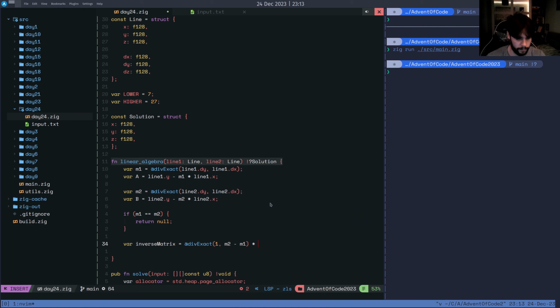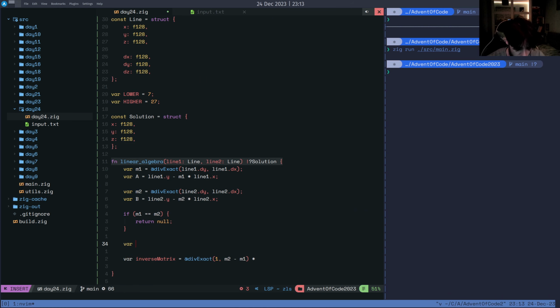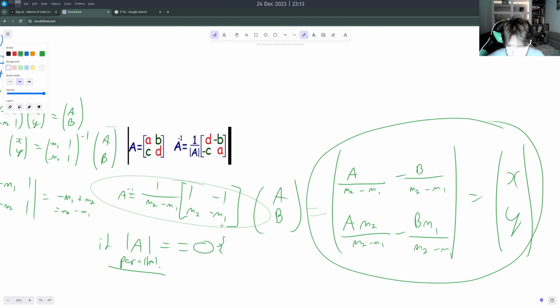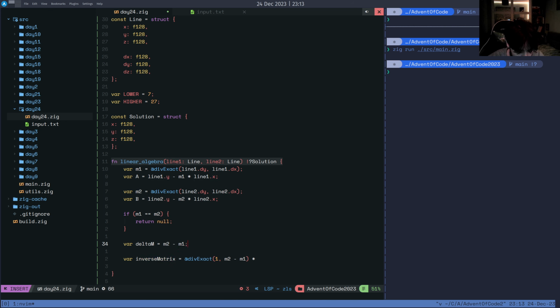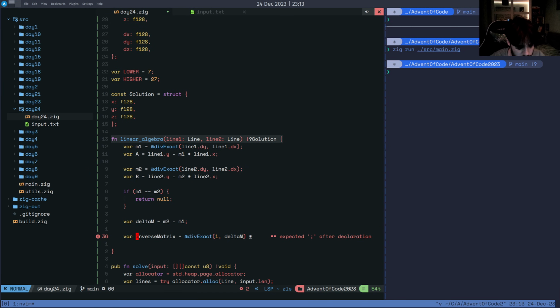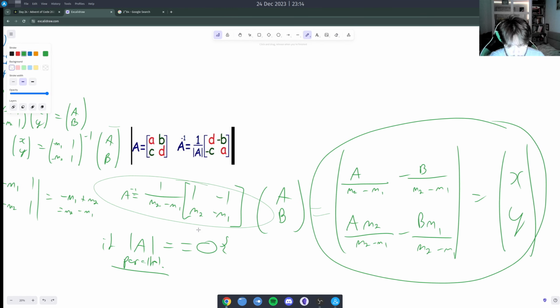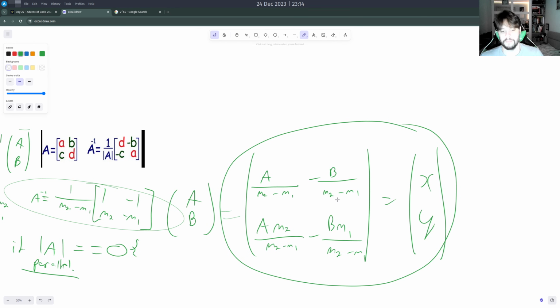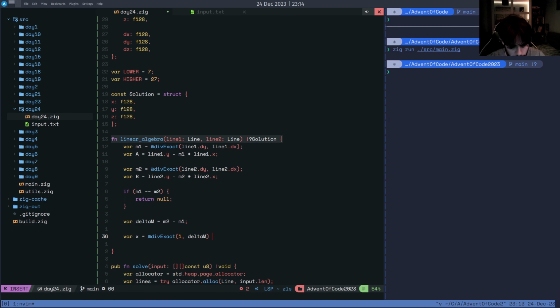So, delta m is m2 minus m1. Delta m, so not the inverse matrix, we're going to go straight into x. So it's going to be A divided by diff. Wait.